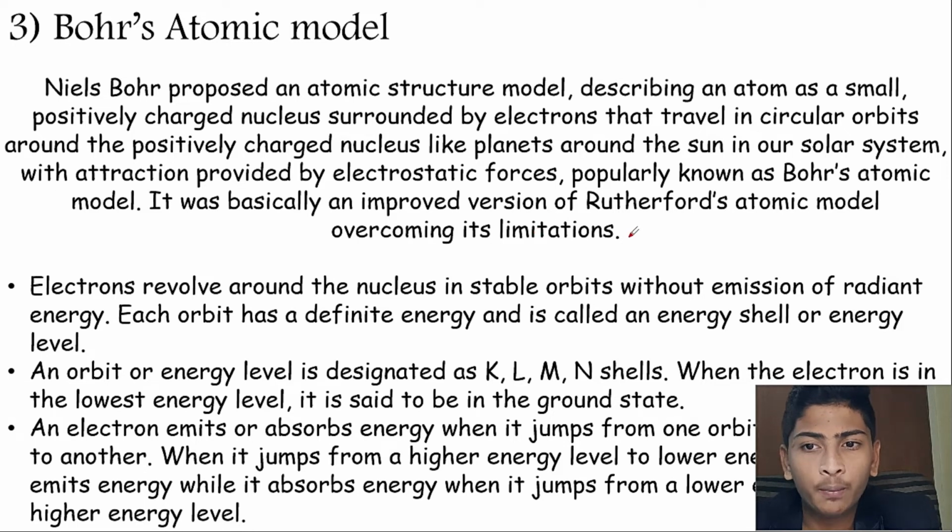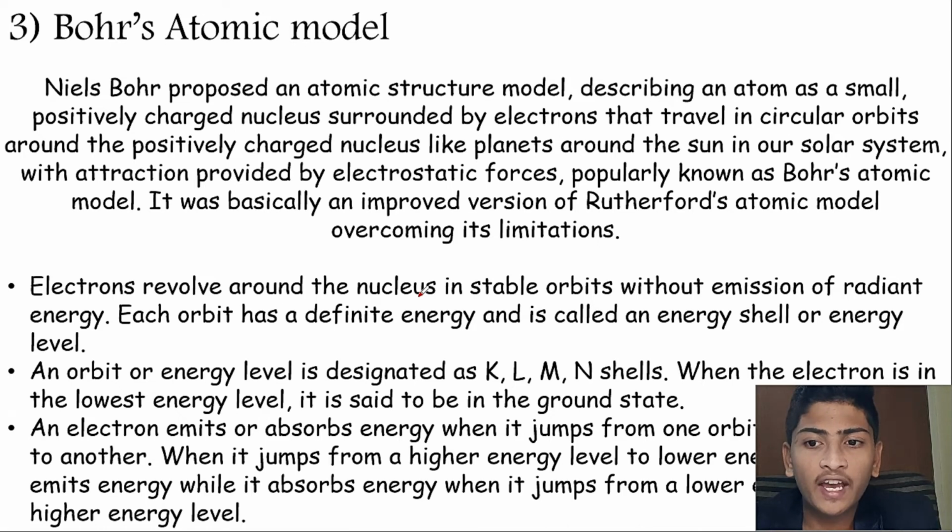He explained how the electrons are stable in their orbits. He said that every orbit has a certain energy. The lowest energy level is very near to the nucleus, and as we go farther from the nucleus, the energy increases. By this, he explained that electrons have certain energy.